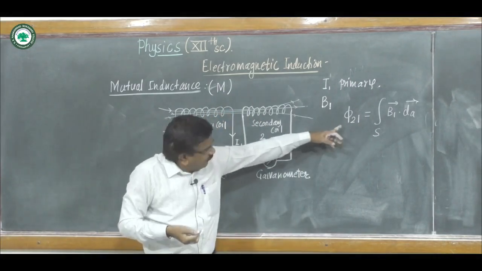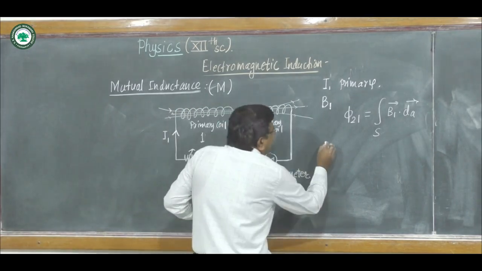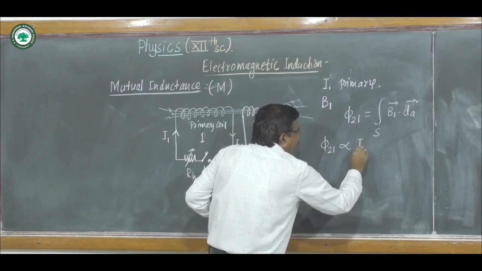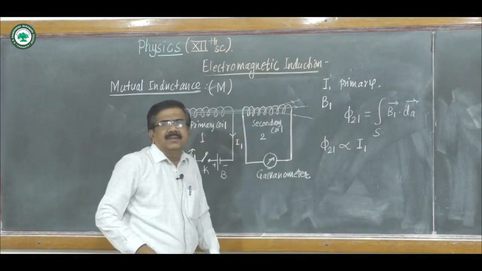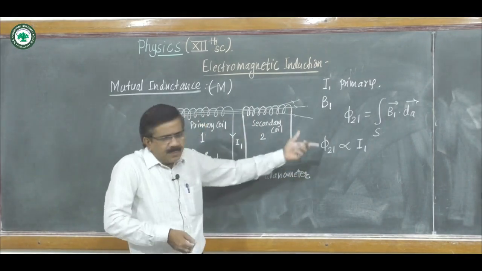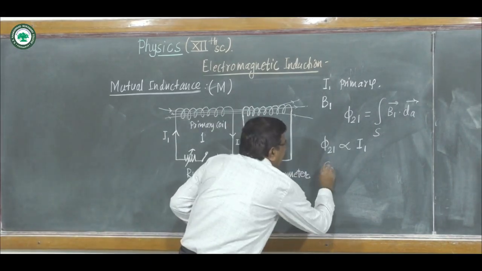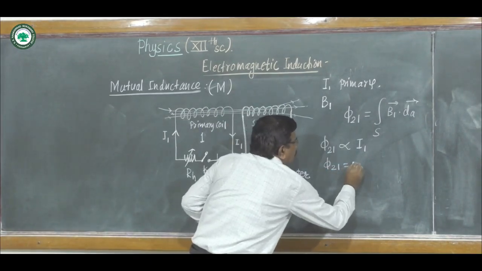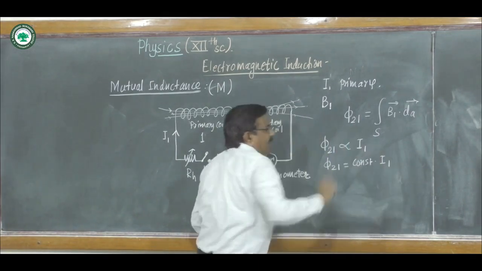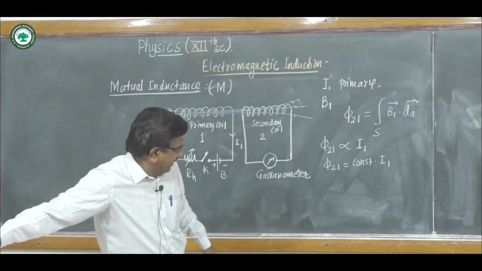Now this magnetic flux in the second coil due to the first is directly proportional to the current in the primary coil. So this phi 21 is equal to a constant times I1. This constant is denoted by M21.